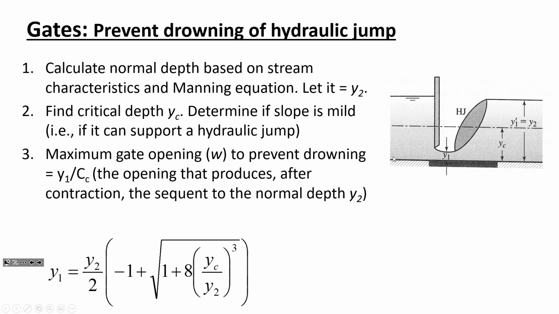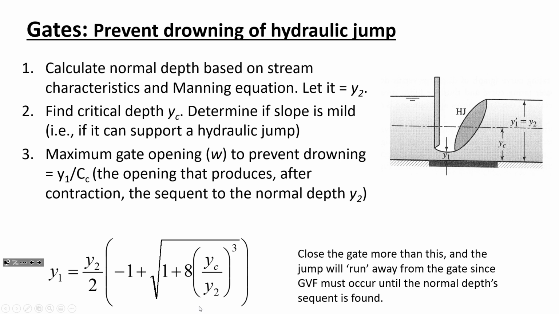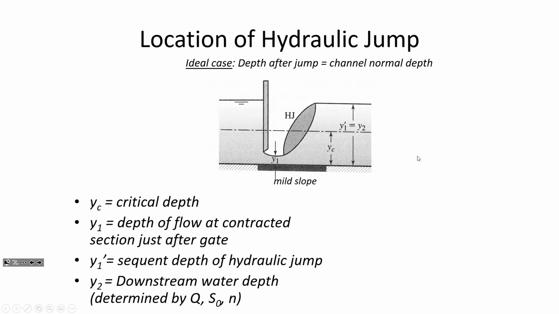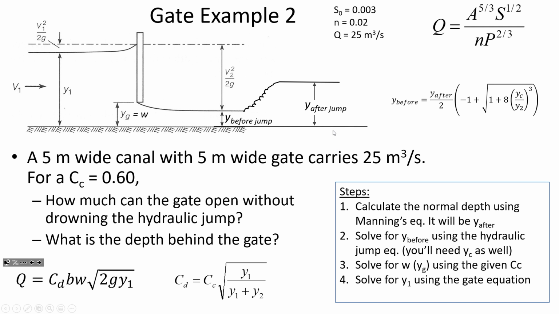So we're simultaneously using Manning's equation and also the Belanger momentum equation here. And if you close the gate more, then it'll just cause the jump to run away. But if you open the gate more, then it will cause the hydraulic jump to approach the gate and it will then drown the jump. So ideally what we're saying is that it's finding the normal depth after the hydraulic jump.